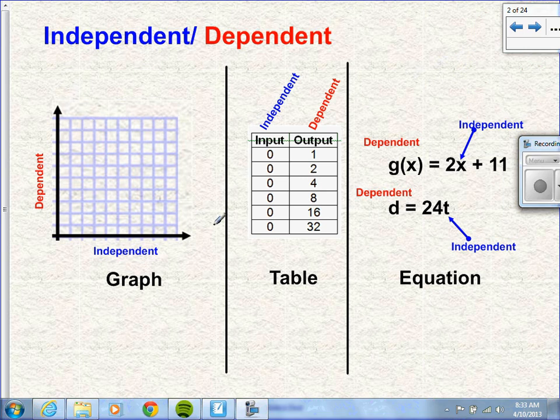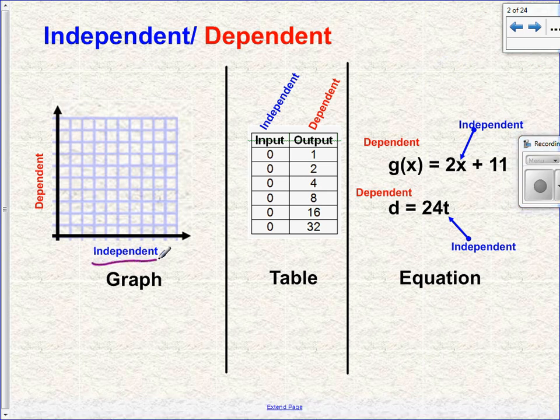If I'm given a graph, my independent variable is going to lie on the x-axis. Those are all of our x values. Our dependent variable is going to lie on the y-axis. If I'm given a table of values, our independent variable is our input, the dependent variable is our output. If I'm given an equation, our independent variable is that x right here.